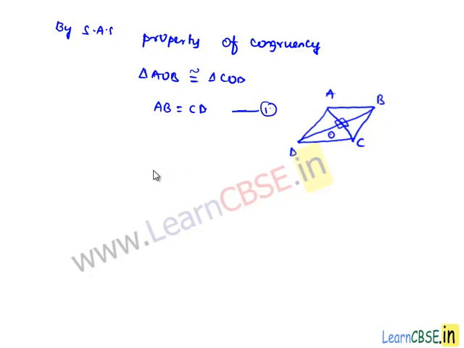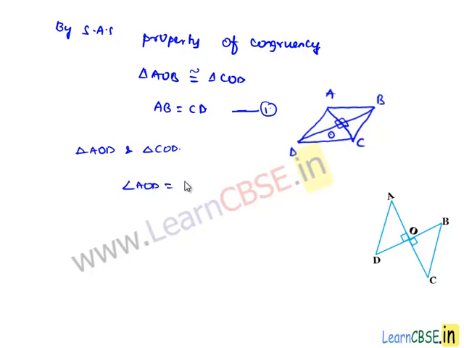let us consider both the triangles, triangle AOD and triangle COD. In these two triangles, let us note down the similarities. Here angle AOD is equal to angle COD is equal to 90 degrees, we know that, and OD is equal to OD since it is a common side for both the triangles.